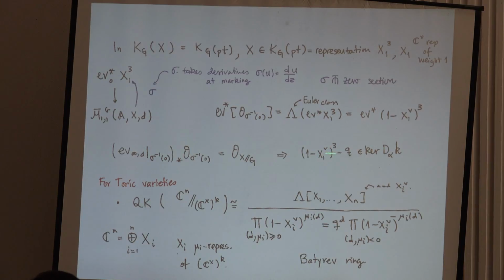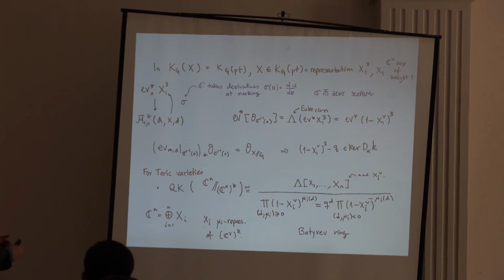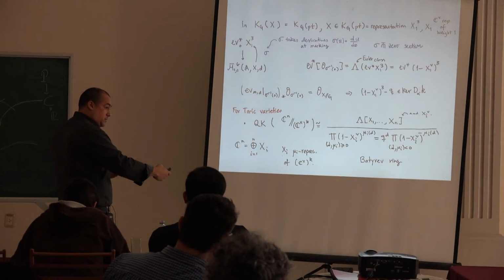And so this has to be a relation in quantum K theory, or it's an expected relation that you have. So in general, for toric varieties, we expect that this is going to be true, so that the quantum K theory for any toric variety will have a Batyrev type representation. But I have to be a tiny bit careful here, because in general, if the toric variety is non-Fano, then you will have some corrections. So what that means is that the quantum Kirwan map will have some sort of quantum corrections attached to it.